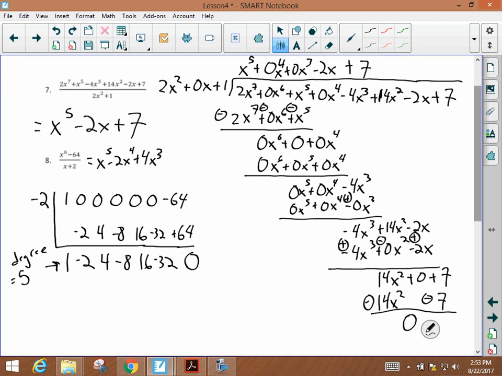Make sure that looks like a 3. Minus 8x squared plus 16x minus 32. And there you have it.